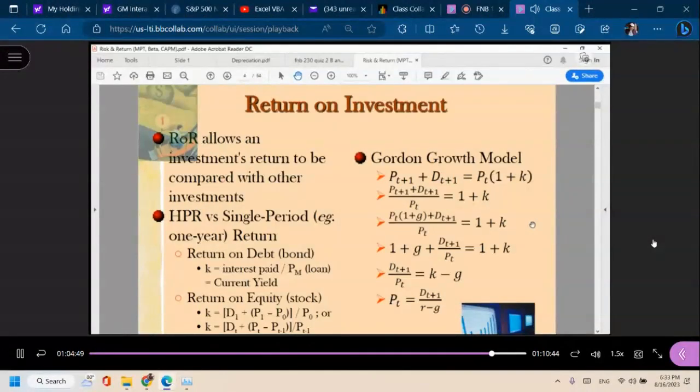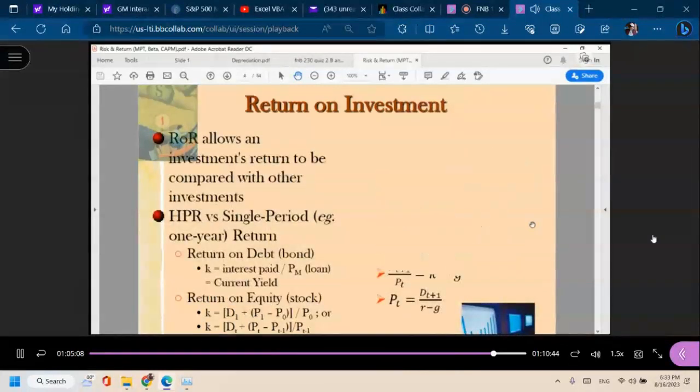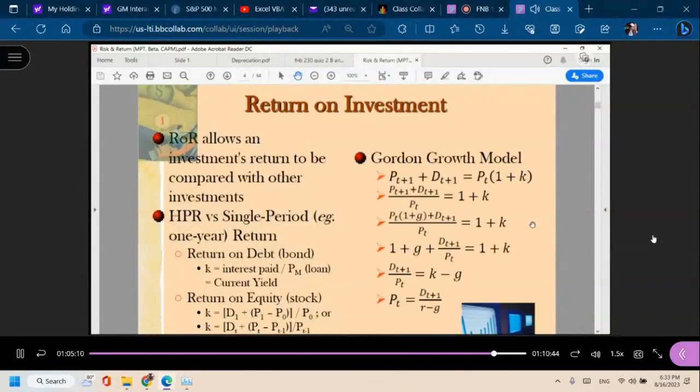But return includes not only the capital gains, but all those cash flows, the rental income. So when you calculate the return in scenario 2, growth rate and return would slightly differ. It will be different. And that's the same reason.